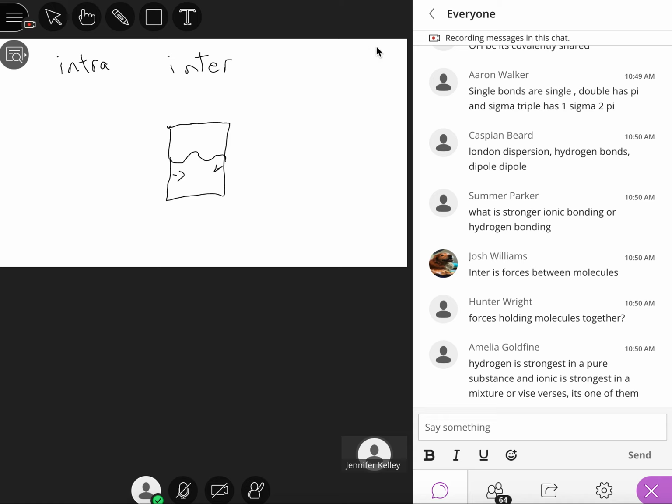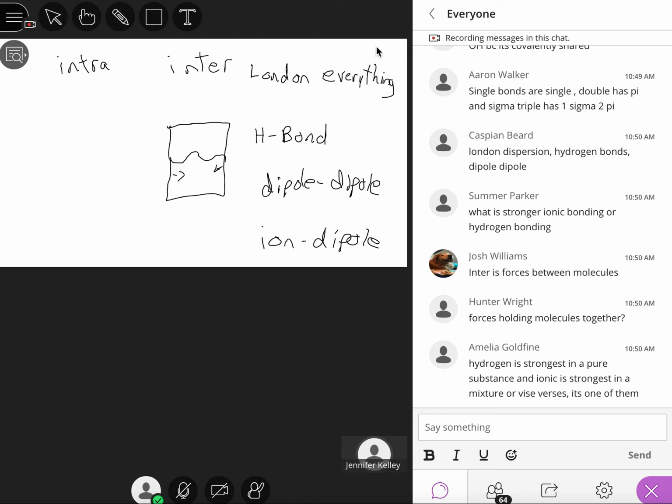So the types of intermolecular forces we have are London, hydrogen bonding, dipole, and then ion dipole. So London forces, everything has London forces. And then you have hydrogen bonds.